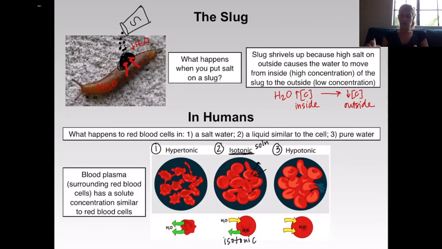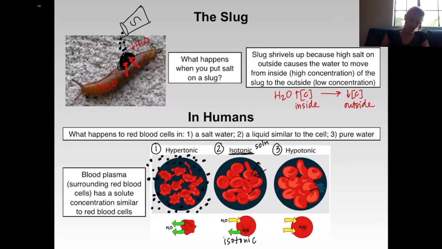However, if we now put red blood cells in a super salty environment, as I'm indicating by all these little black dots, right? If we put those red blood cells in a salty environment, then there is a lot more water inside the cell.